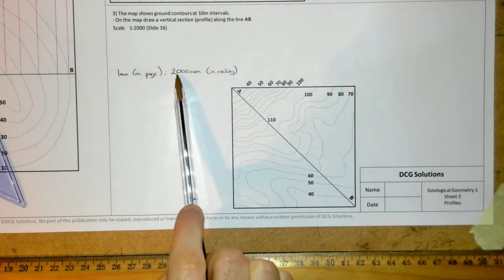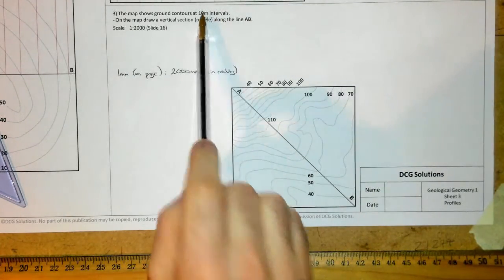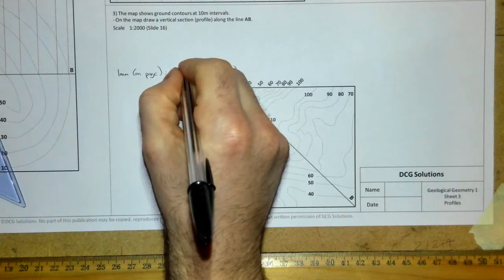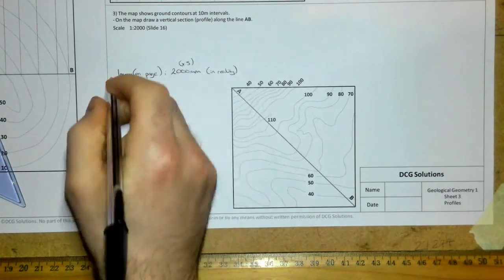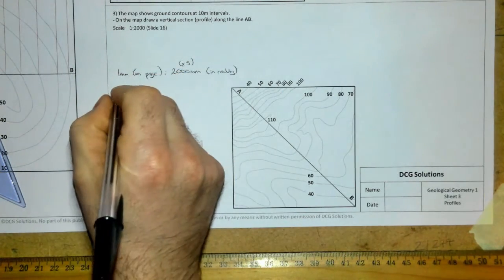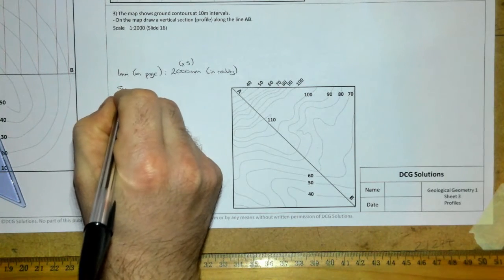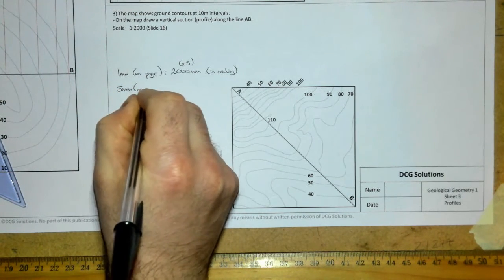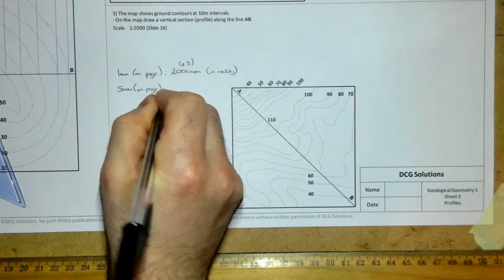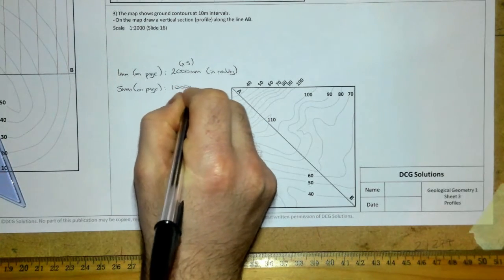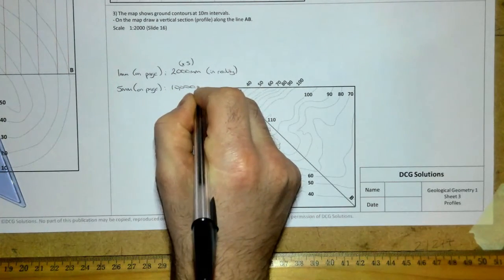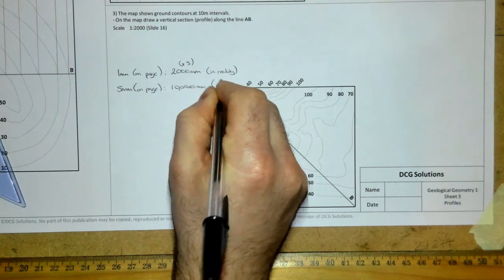What do I need to multiply this by to get up to 10 meters? The answer is 5. Therefore 5 millimeters on our page would equal 10,000 millimeters in reality. So you get the idea.